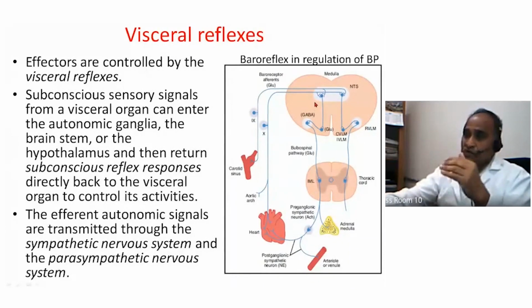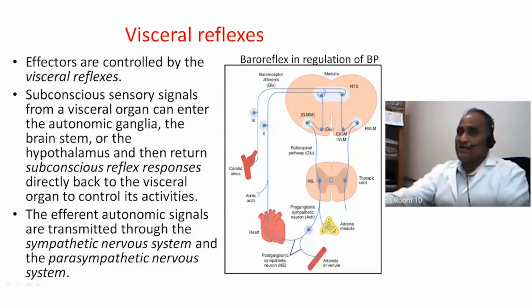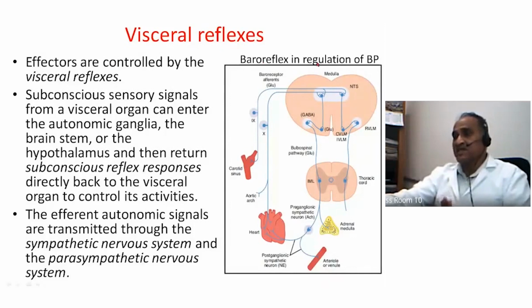This is the motor output to the vagus nerve, and the vagus nerve supplies the heart. That means activation of the vagus nerve decreases the activity of the heart. That is the baroreflex, which I revised for your consideration.